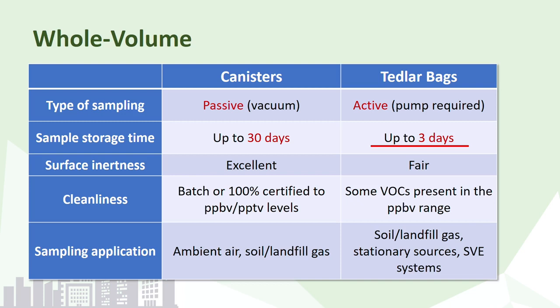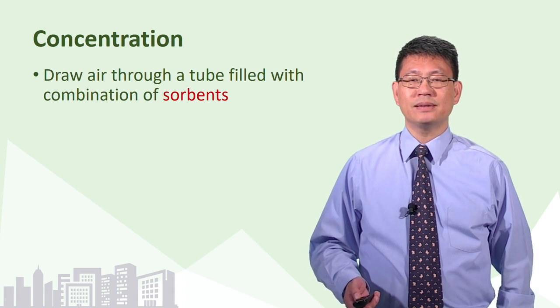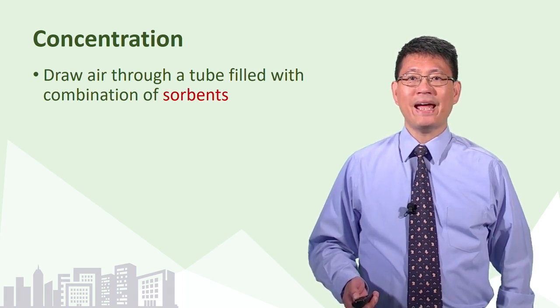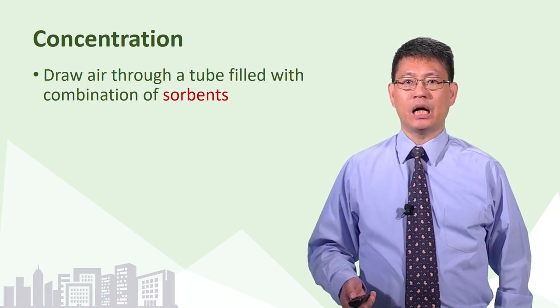Moreover, data quality and measurement objectives need to be considered when deciding to reuse the bed, as the cleanliness and inertness may be affected. The second sampling method is concentration sampling, where air is drawn through a tube filled with a combination of solvents.